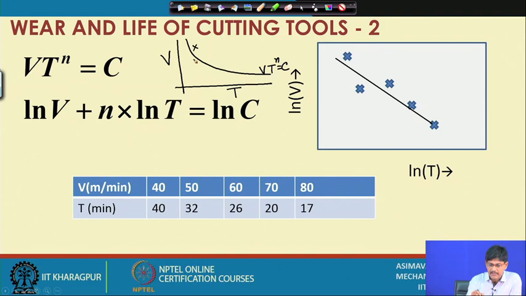The points might be clustered around it, and then the general behavior has been predicted by fitting a curve. This is the fitted curve, and all sorts of experimentally obtained data points will be clustered around it, because of which this particular behavioral pattern has been identified and mathematically expressed.